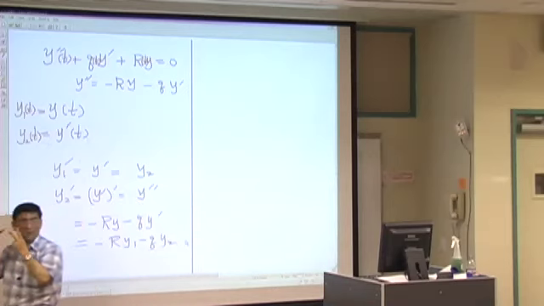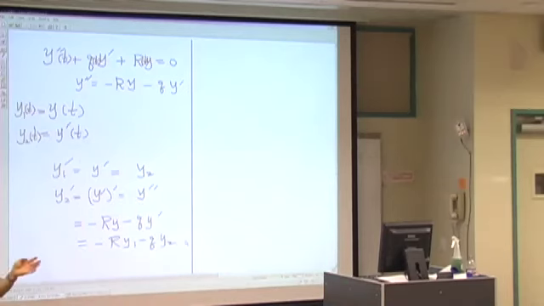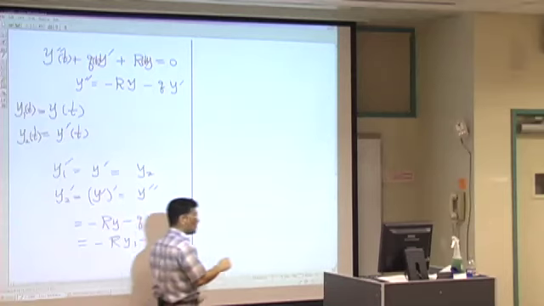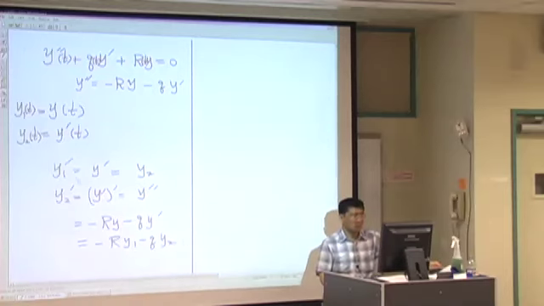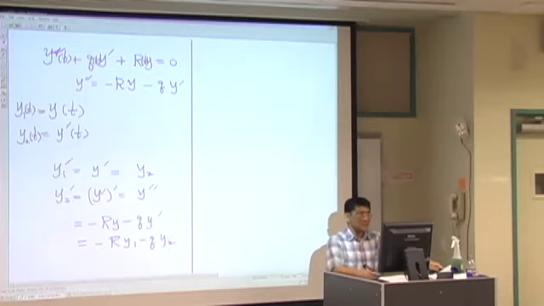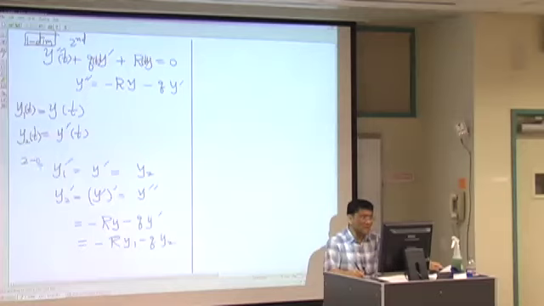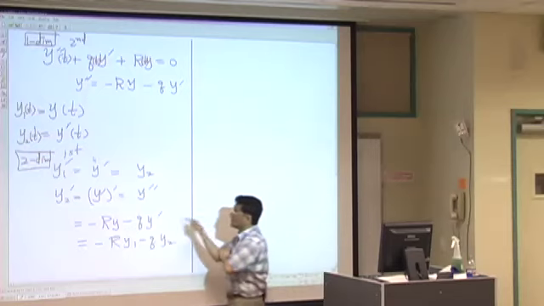So we can create an n-dimensional, two-dimensional differential equation. But what is the difference? In this case, the order of the differential equation is not 2. The order of the differential equation is 1, right? This is the first order n-dimensional differential equation instead of a one-dimensional second order differential equation. So a one-dimensional second order differential equation cannot be solved, but a two-dimensional first order one can be solved by using the technique that we learned.